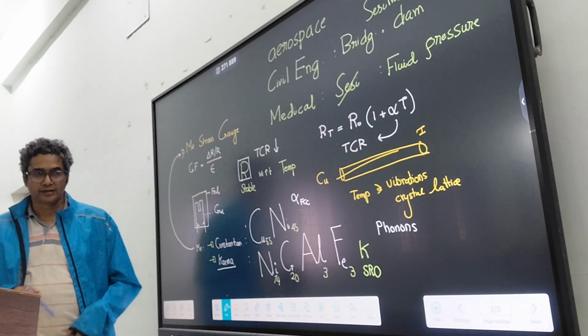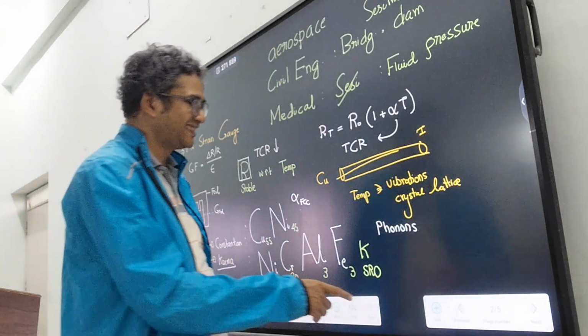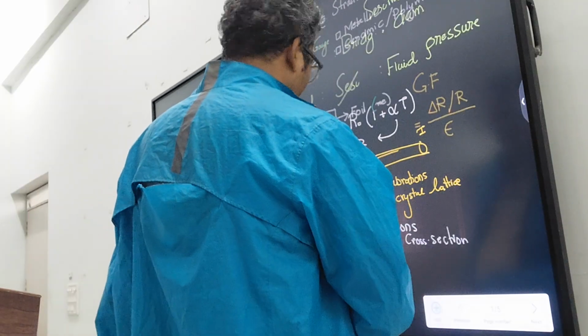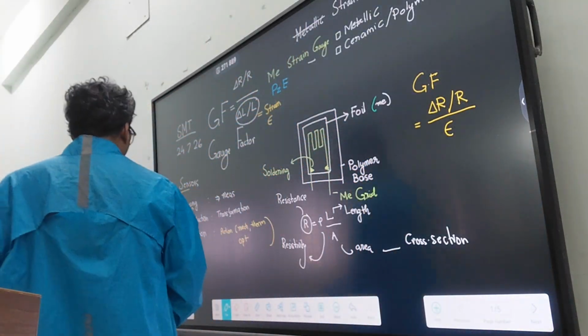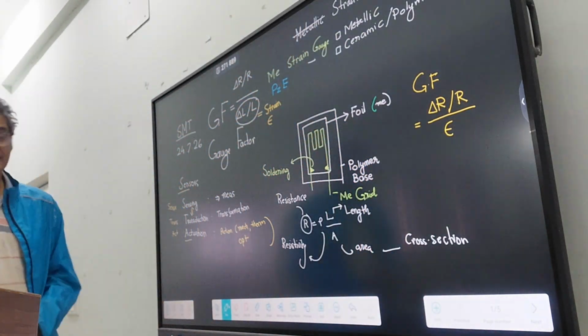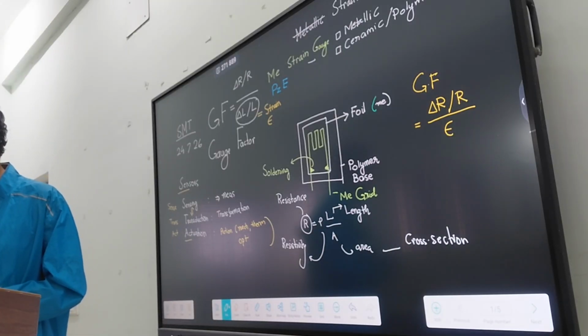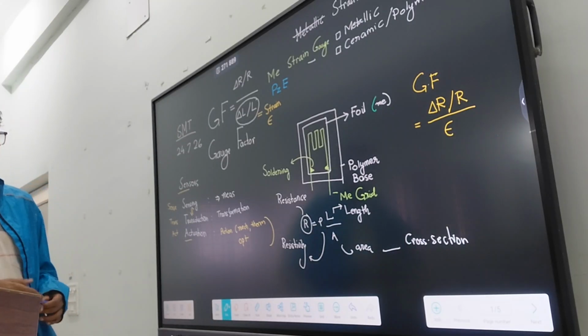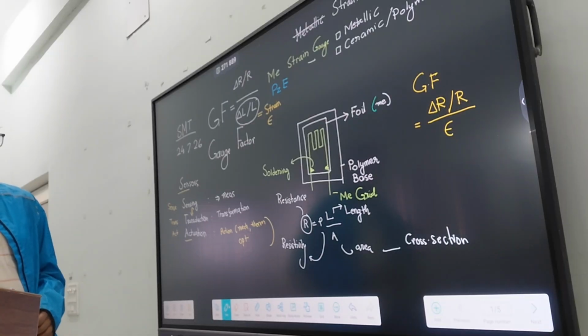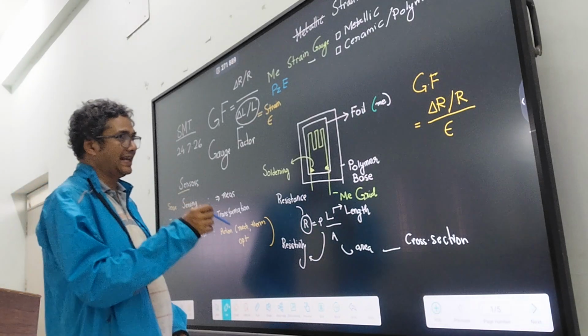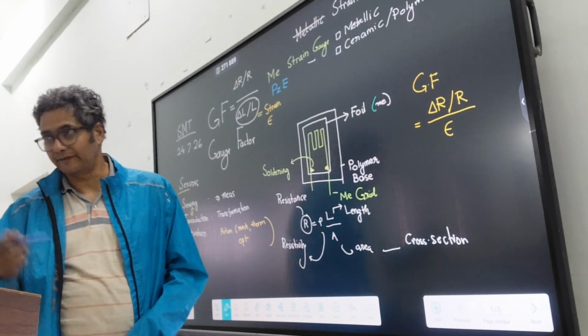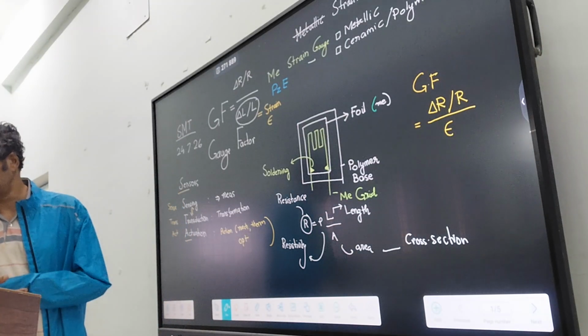Okay. So let us go to the first slide that we started. Our main objective is to sense strain in any system. So we can do it by using a metallic strain gauge that we have just now discussed.